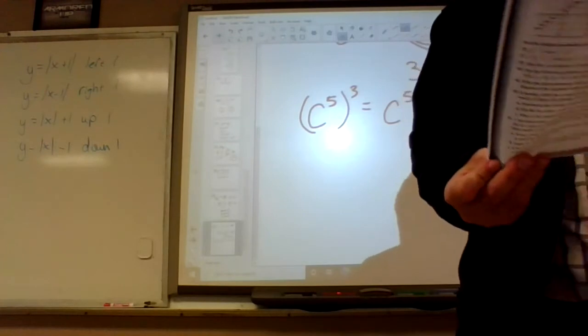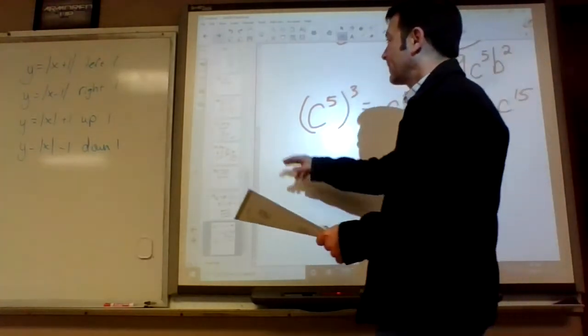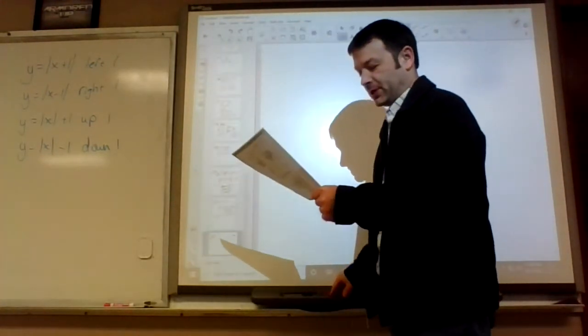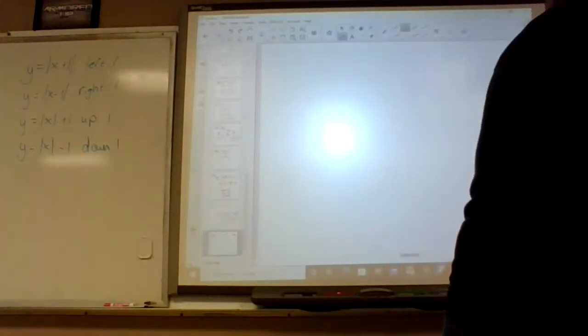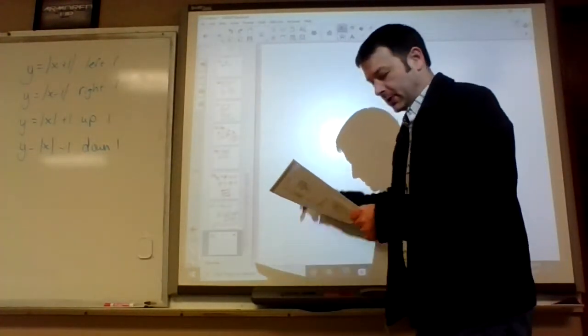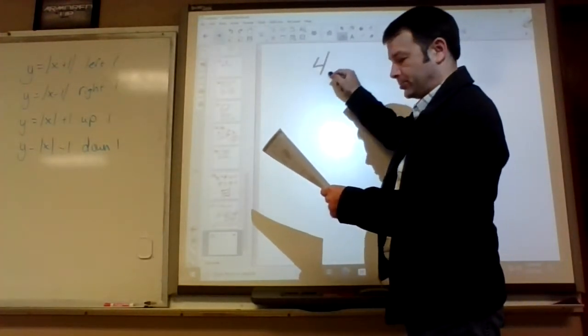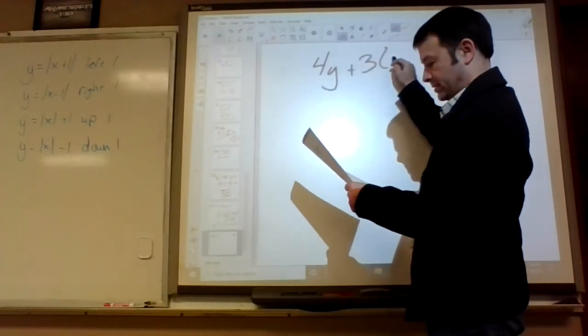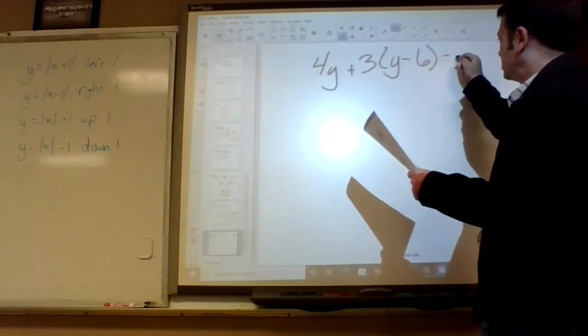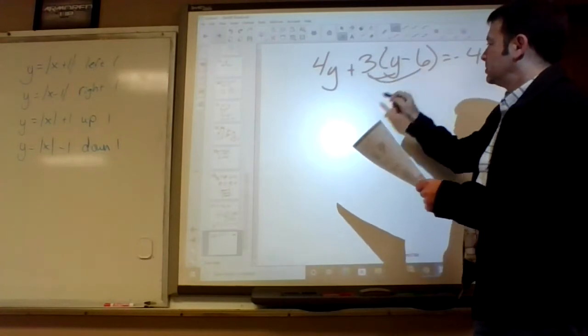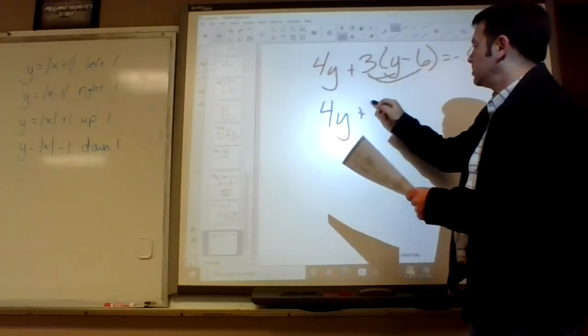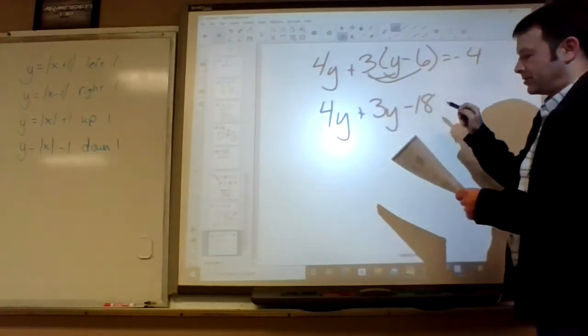All right. You guys got 25? 27 maybe? Quickly. So what should we do first on 25? Multiply the 4y or distribute it. Distribute the 3 out.